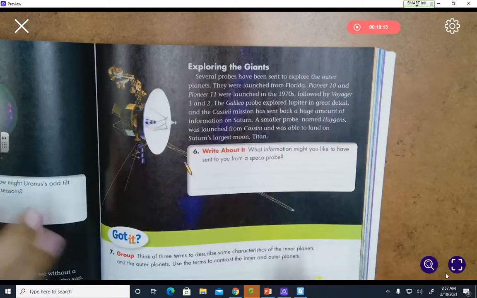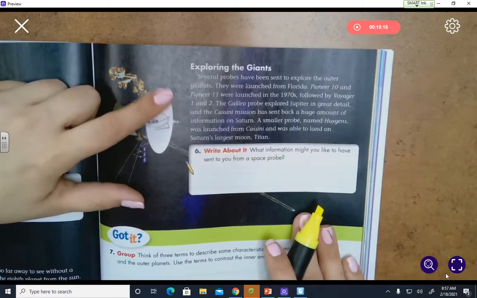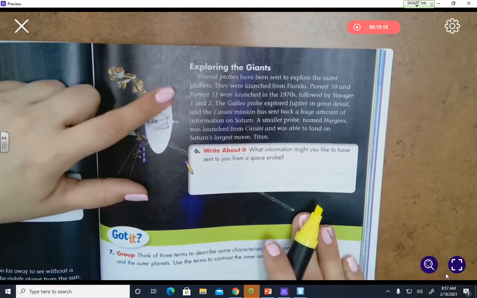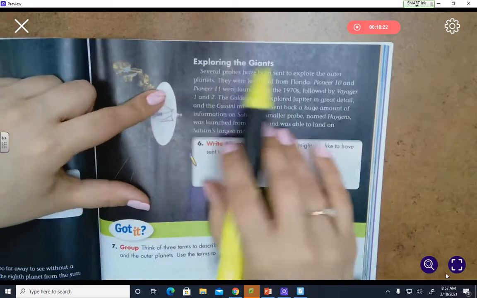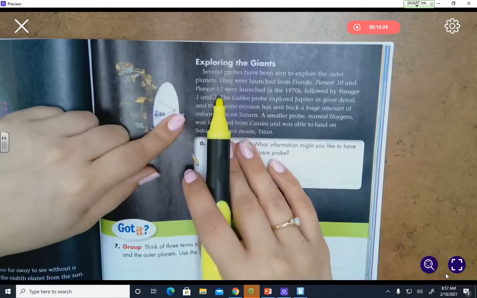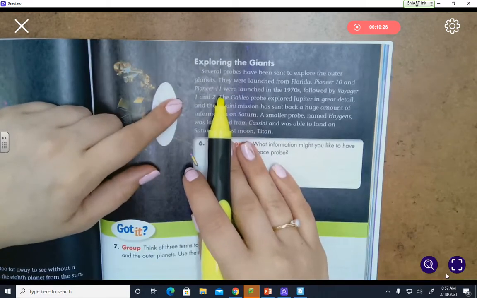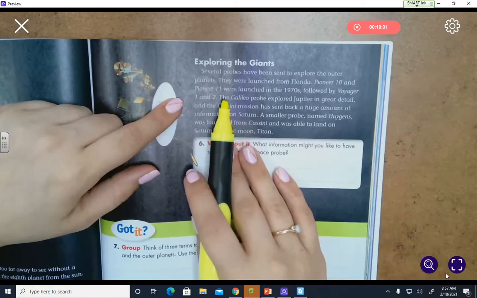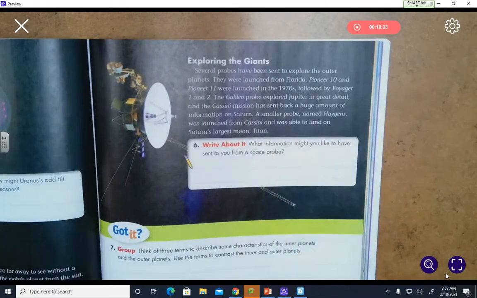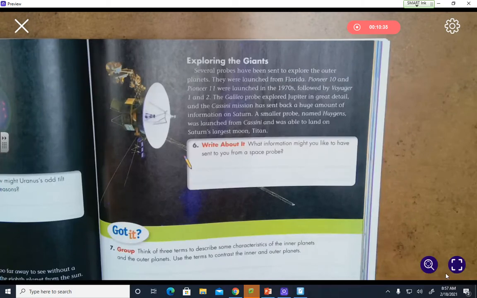All right. Oh my gosh, let me start over. Rewind. Exploring the giants. Several probes have been sent to explore the outer planets. They were launched from Florida. Pioneer 10 and Pioneer 11 were launched in the 1970s, followed by Voyager 1 and 2.